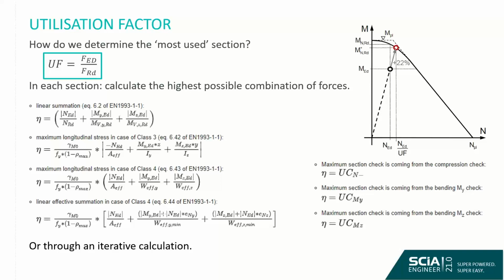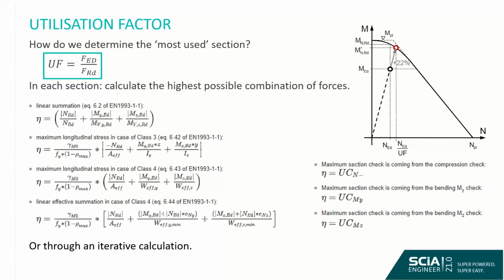So to determine this utilization factor, we will take the actual forces, combination of forces in your section, normal force and the two bending moments, for example, and then we will linearly increase them until we reach the failure of the section. For some cases, this can be calculated through a simple formula.